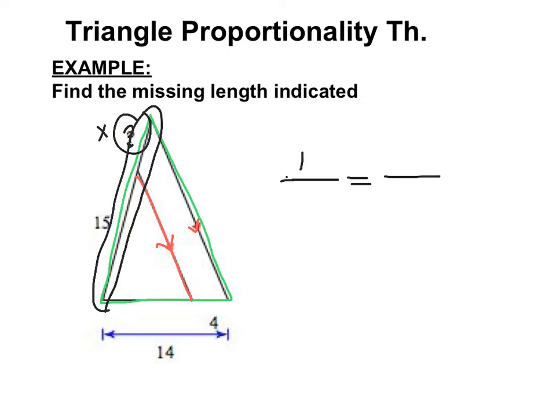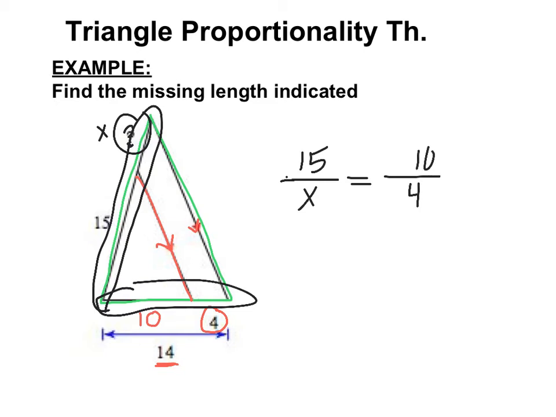So 15 and x are one side of the triangle, and that parallel line divides that whole length. On the other side, the whole length is 14, and we have a piece that is 4, so we know that the other piece will be 10 if we use the segment addition postulate. We can put that in. So on the other side of the triangle, we have 10 and 4.